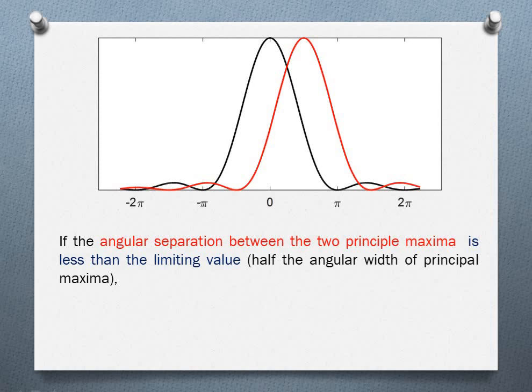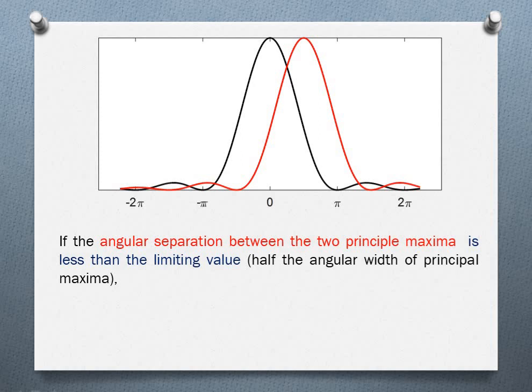In other words, if you think in terms of angle, the angular separation between these two principal maxima must be at least half of the total angular width of the principal maximum. This is the principal maximum, this to this is the angular width, and half of this width is this much.